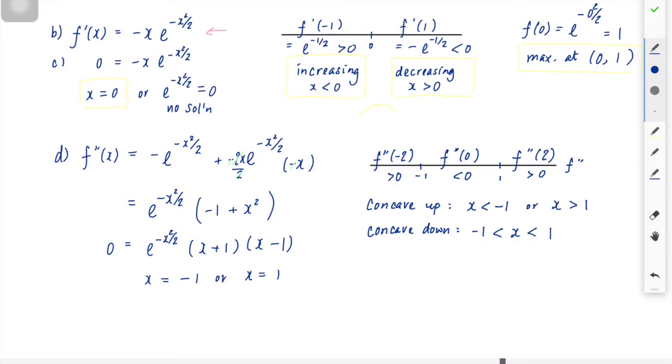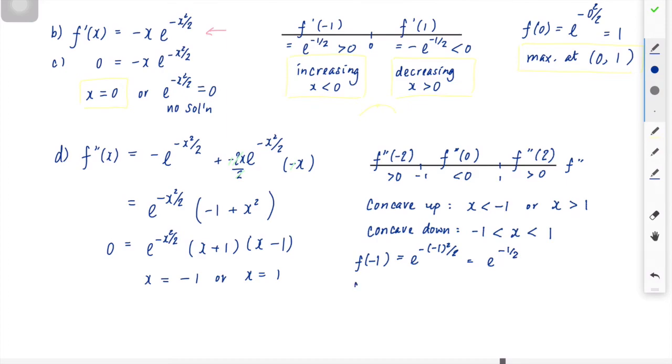Let's figure out the points of inflection. I need the value of f of negative 1, which is e to the power of negative 1 squared over 2, so many negatives. This is e to the power of negative 1/2.